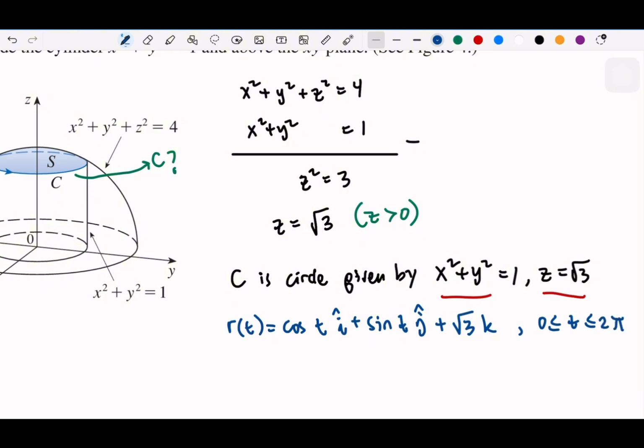Okay. Now we're focused on this parameter t, and if we differentiate this, we will get r prime, or the calculation for F dot dr, which we are going to write as F of r(t) multiplied with r prime(t), like the line integral that you have done before.